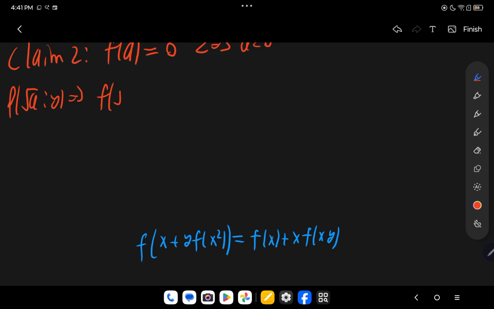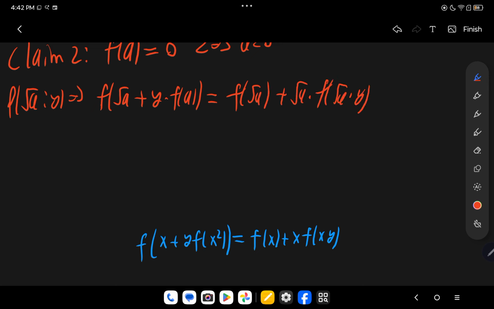So we will get f(square root of a plus y times f(a)) equals f(square root of a) plus square root of a times f(square root of a) times y.